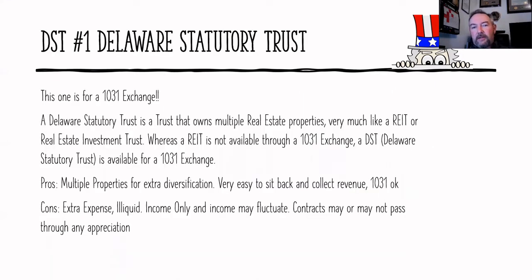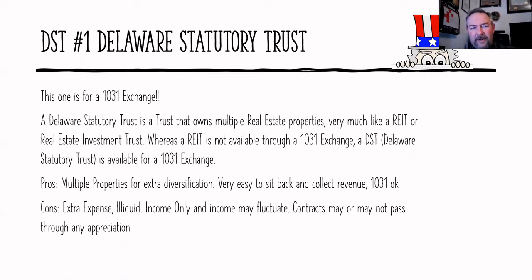So let's discover a little bit about Delaware statutory trusts. This is a peculiar one because it's a REIT, but it's not really a REIT. It's a trust, but it's not really a trust because it has units. So it's a particular type of structure where it feels like a REIT, but it isn't. So for some reason, you can still 1031 exchange into these.